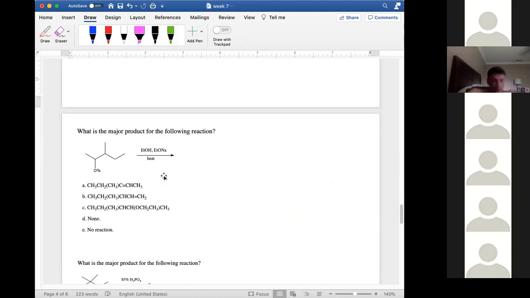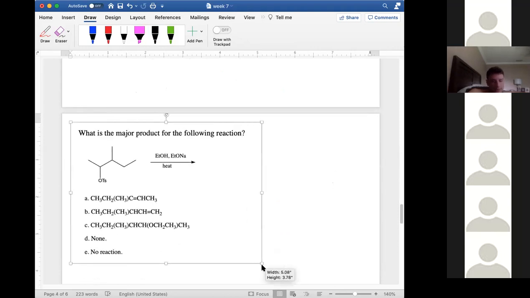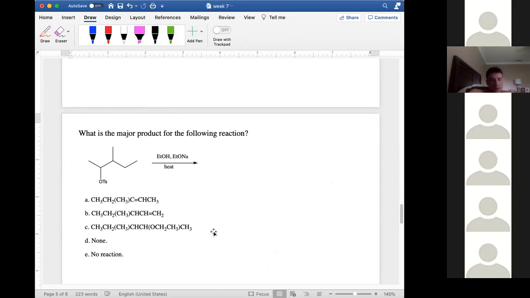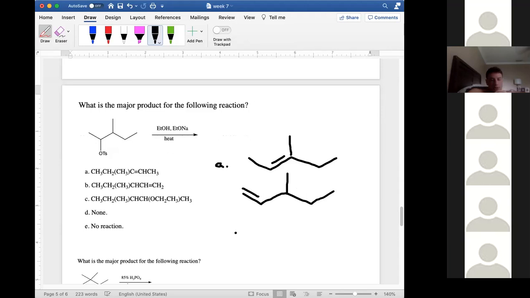All right, so this one, the reason I bring it up is because not only is it in bonding, but you may see your options in molecular form, right? And don't panic, you just simply redraw. So A is actually this, B is this, C is this, all right?